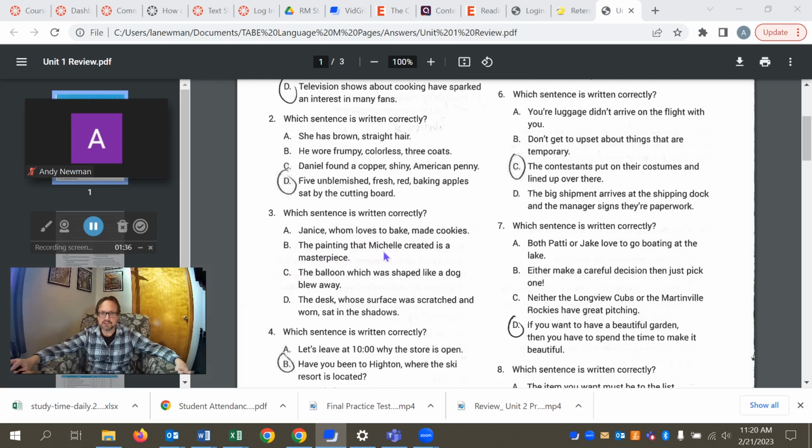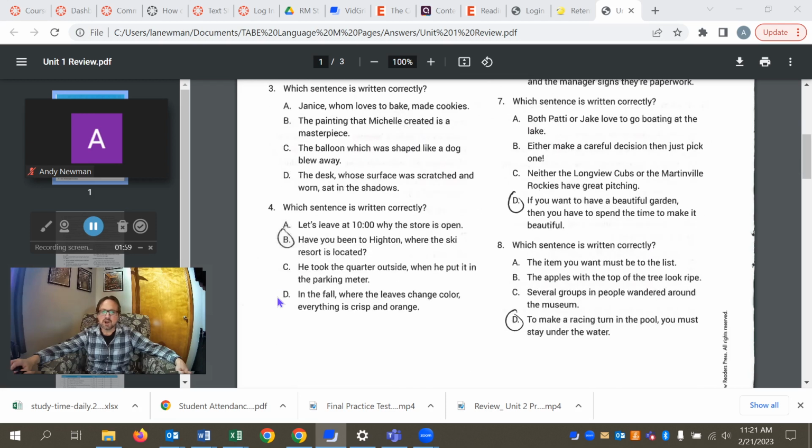The painting that Michelle created is a masterpiece, so we have the correct relative pronoun here. It's not which, because this is essential information. That's why C is incorrect. And then D is incorrect because we have a pronoun that should refer to a person referring to a desk, an object.